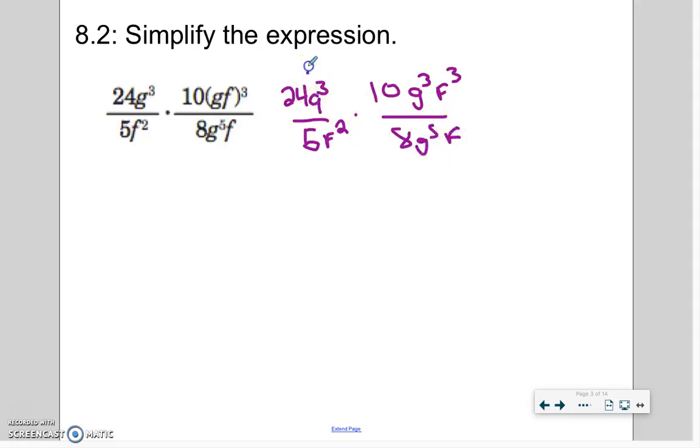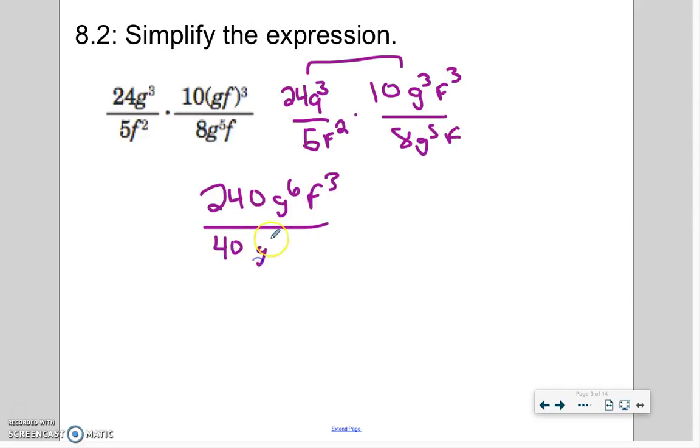So since we're multiplying, we're going to take top times top. So we're going to get 240 g to the 6th power and f to the third, all of that over 40 g to the 5th f to the third.